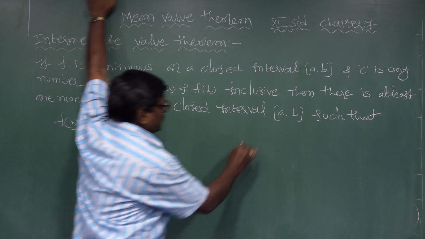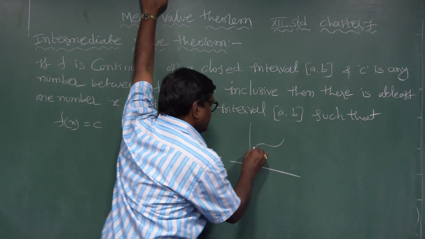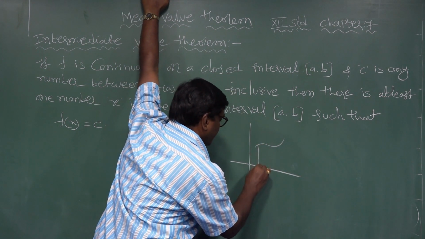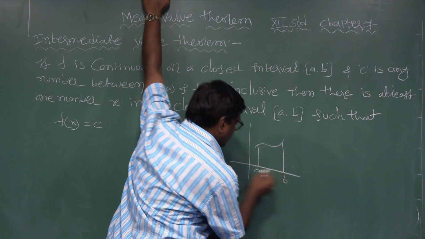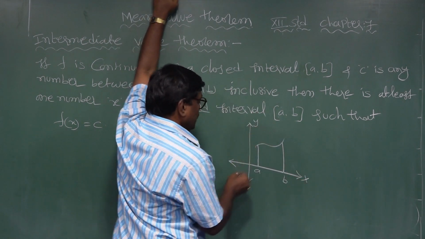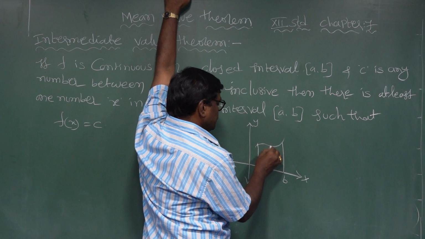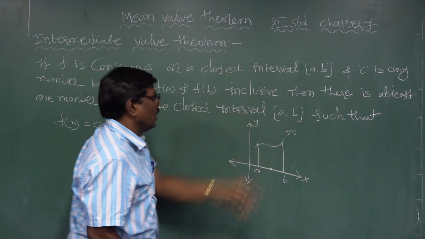Suppose in this diagram, this curve, this is a, this is b, this is x, y, and this point is c. This f of x is a curve.